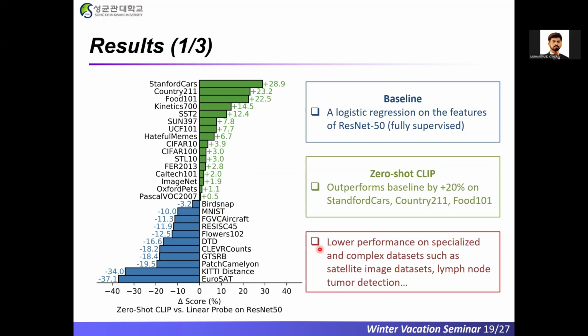So these are some of the low performances. You can see the performance has shown minus 37.1 in one of the datasets. And it is because these datasets are actually domain specific, and they need a lot of training based on that particular topic.